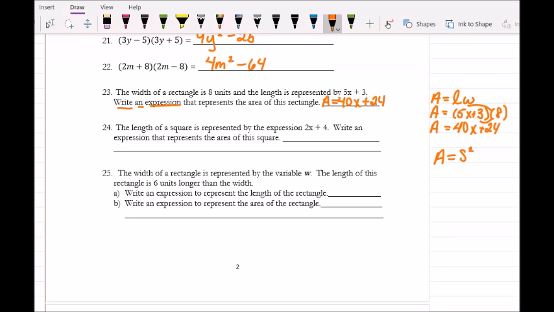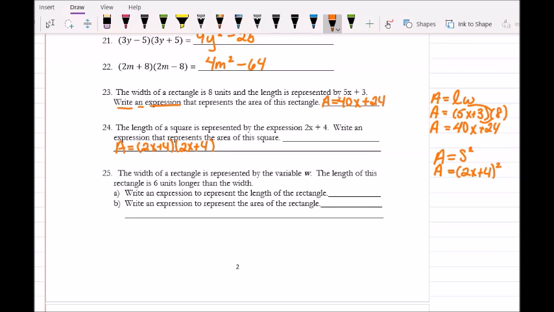So since the side is represented by 2x plus 4, that means we're doing 2x plus 4 squared. What does it mean to square something? It means to multiply it by itself. So this would be 2x plus 4 times 2x plus 4, multiplying by itself.